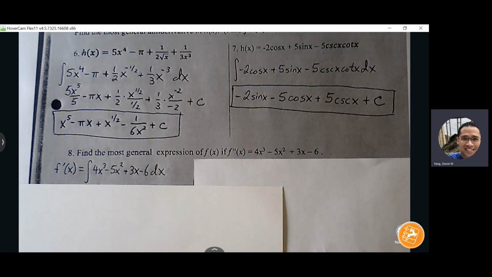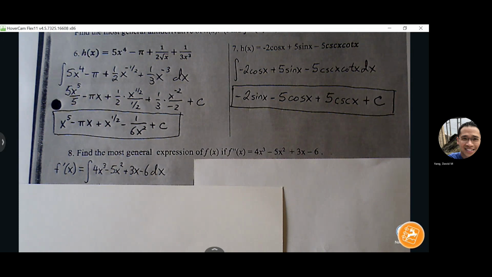We want to move our way from f double prime to f prime. To get to f prime, I'm going to take the antiderivative of this expression. I'm just going to indicate on the right side what I'm about to apply. I want to apply that antiderivative rule and transform that expression up to the f prime level. This expression is sitting at the second derivative level, but once I apply that antiderivative, it will transform into the f prime function.